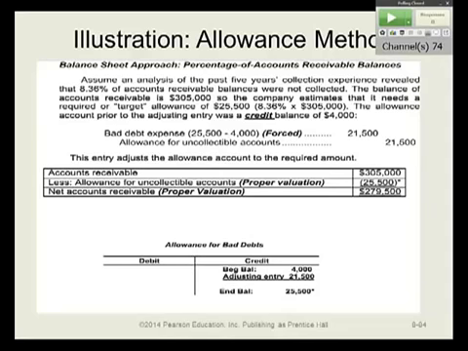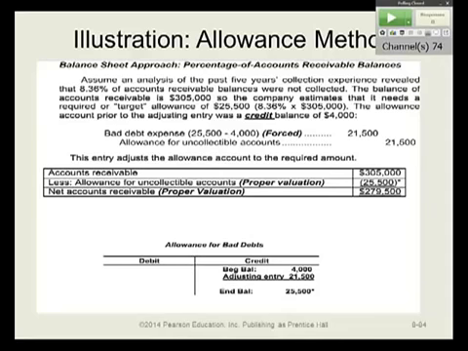On the allowance side, you have a balance of 25.5, I believe, right? Yep. And now the write-off is 25.